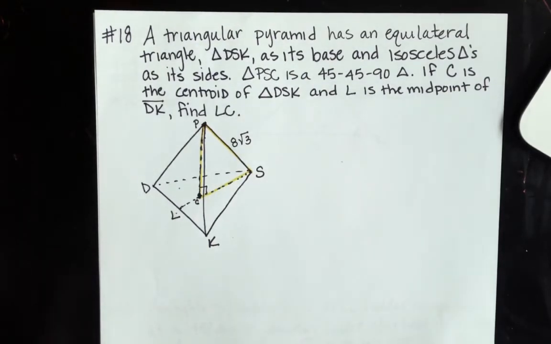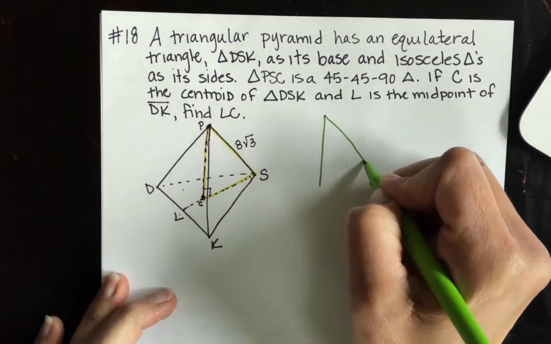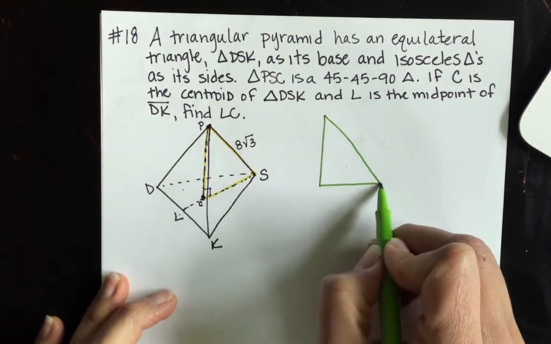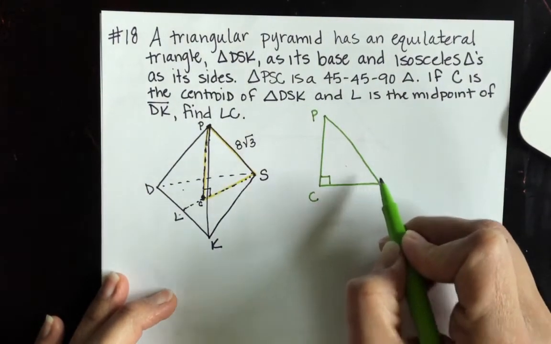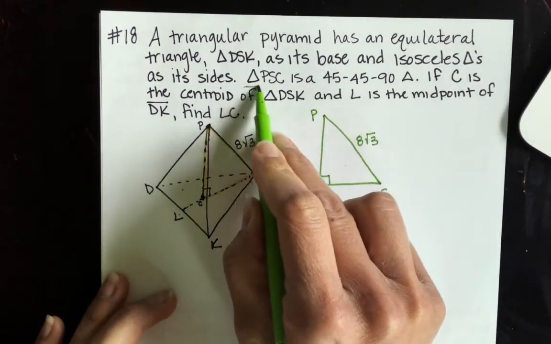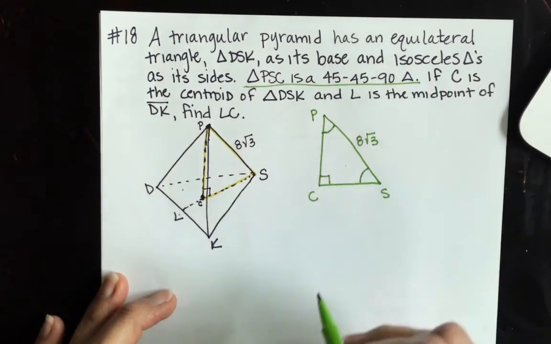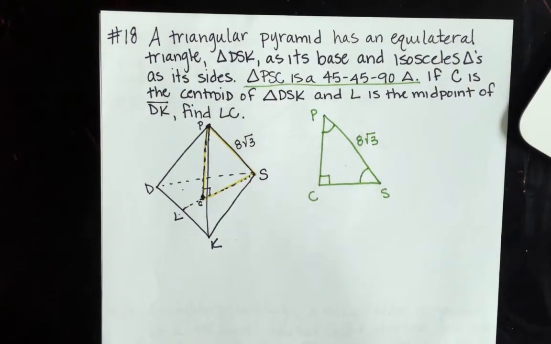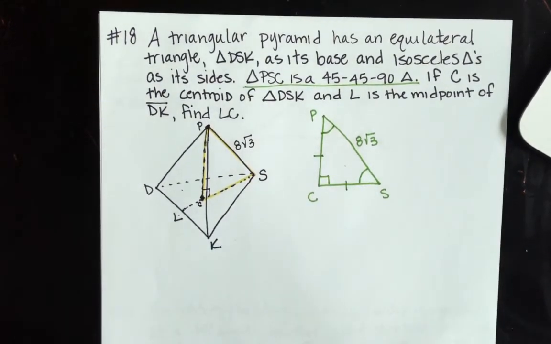So before I do anything, I'm going to draw PSC separate. And I'm going to label it according to its description in here. And it does say that it's 45, 45, 90, so that means each of these guys have to be congruent, which makes each of these sides the same.